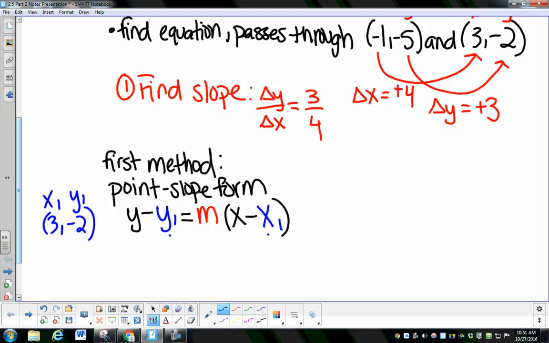Remember, this first y and the first x always stay there. So I've got y minus my y1, which is -2, equals our slope, which is 3/4, times x minus our x value of that point, which was 3.